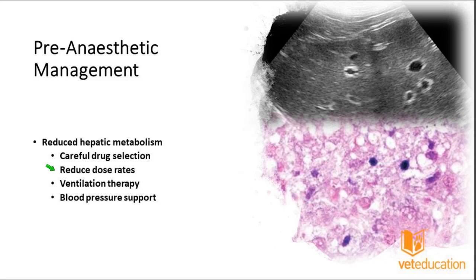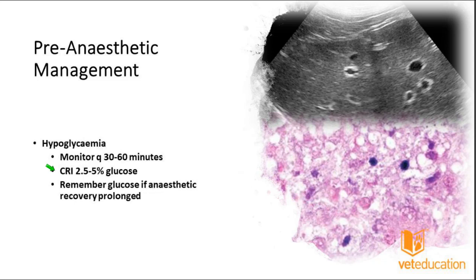We need to remember ventilation therapy and blood pressure support as well, so that we support our liver circulation. In terms of hypoglycemia, monitor your patient's glucose on presentation or just before surgery and every 30 to 60 minutes.